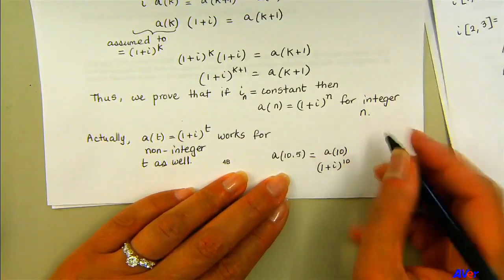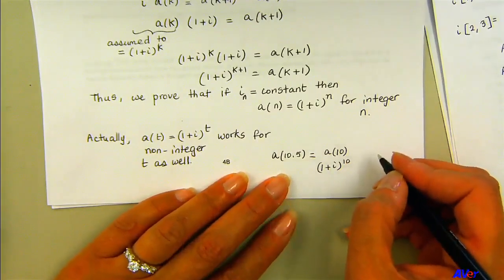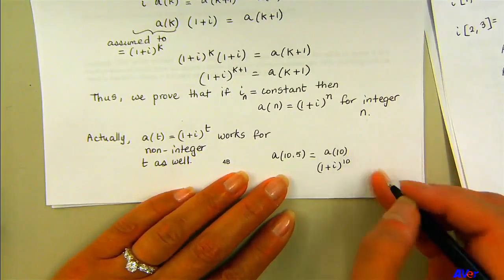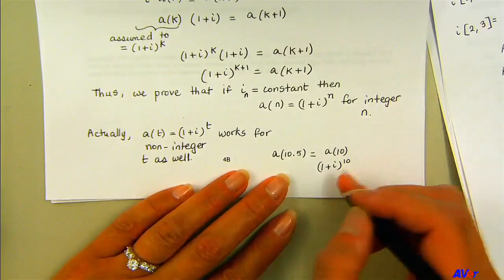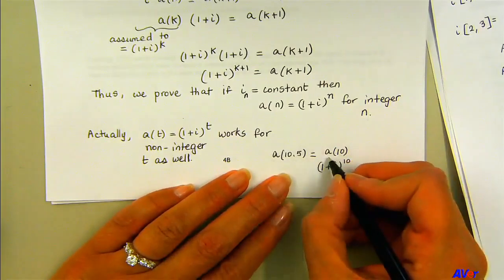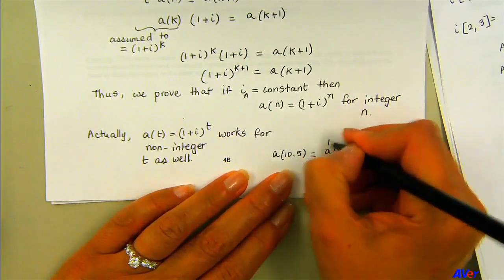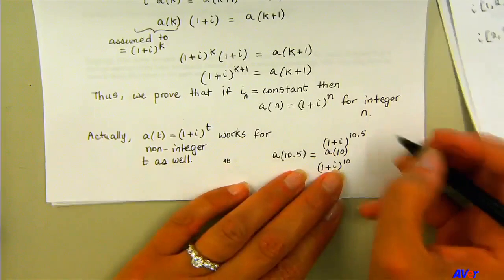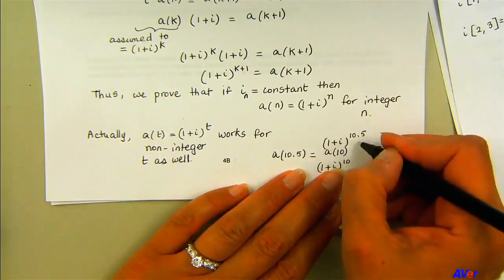But what happens in real life is that they use simple interest for the fraction. I don't want to confuse the issue, so what I'm trying to say here is that a of 10.5 is equal to (1 + i)^10.5, which is equal to (1 + i)^10 times (1 + i)^0.5.